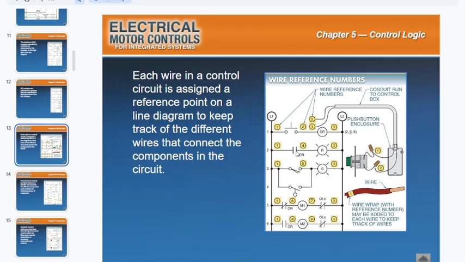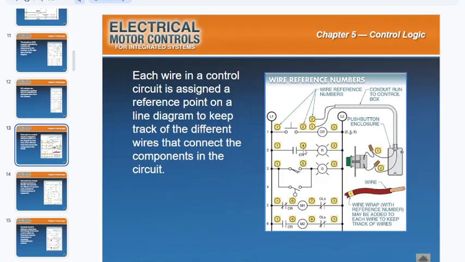Same thing, looking at rung 2. If I'm trying to figure out if that open contact CR is powering up that red light, I'm looking for that wire number 4. I'm going into my control panel and looking for the wire 4. They're all red, so I'm looking for the one that says 4.